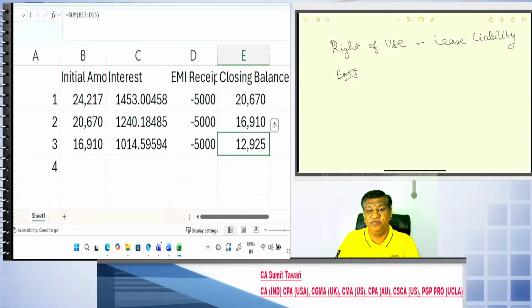For EMI, since it is a payment, it is minus 18,000. So my EMI here is this plus this, together 18,000. The closing balance is this minus the EMI portion. So that 15,020 I need to reduce from the ROU asset and the lease liability. Same is here.